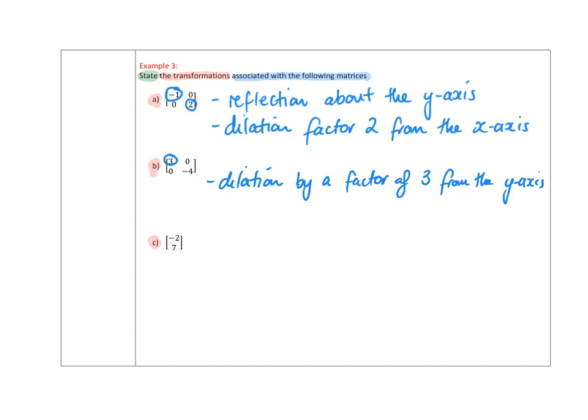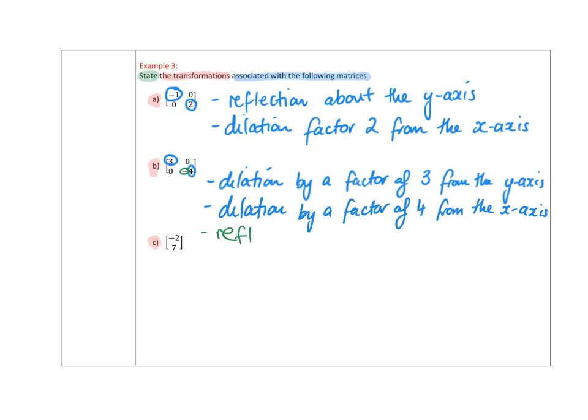We can see that there's also a 4 here in the bottom right-hand corner, which implies a dilation of factor 4 from the x-axis. What we'd also note is that there's a negative here. Now if I'm negating all of the y values, then I must be reflecting, or it would be reflected, about the x-axis.